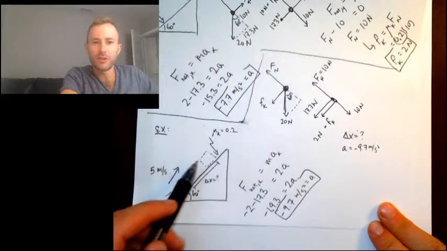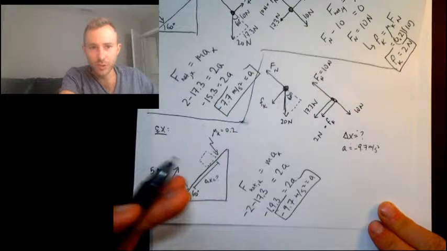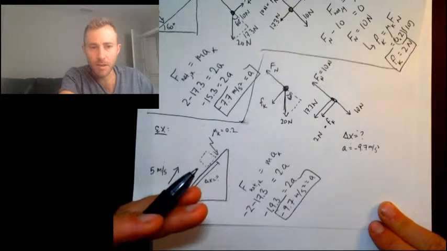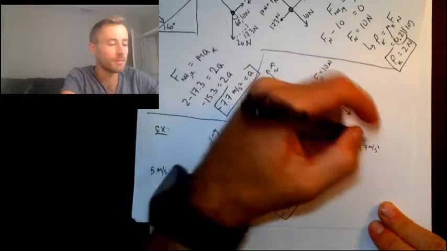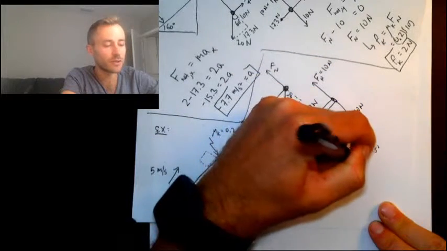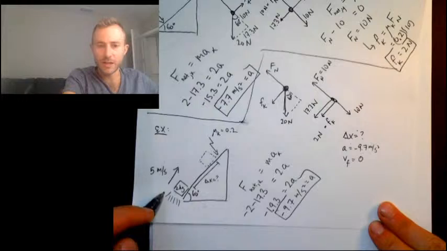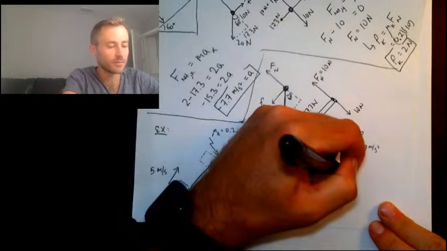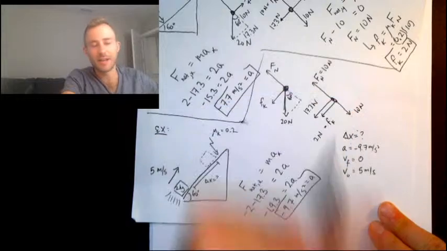We want to know how far the block goes up to its highest point. So just like with kinematics problems, at the highest point, the velocity is 0. So we know the final velocity is 0. And we know that the initial velocity from the kick was 5 meters per second. So now this has become a kinematics problem.